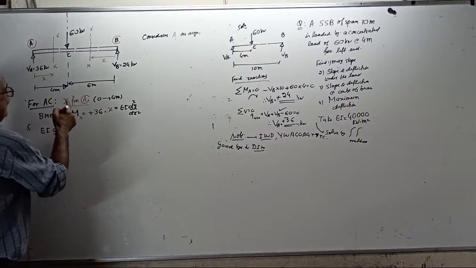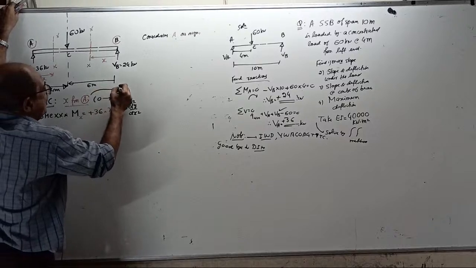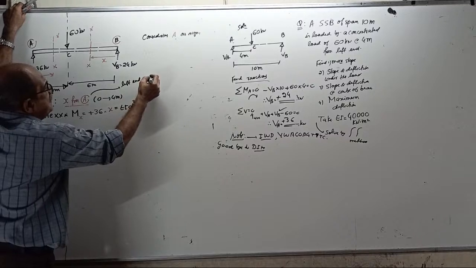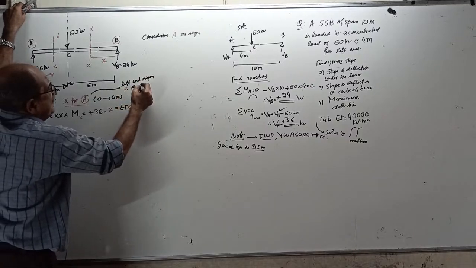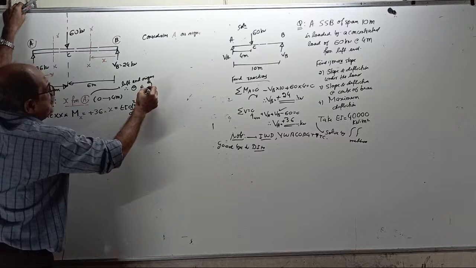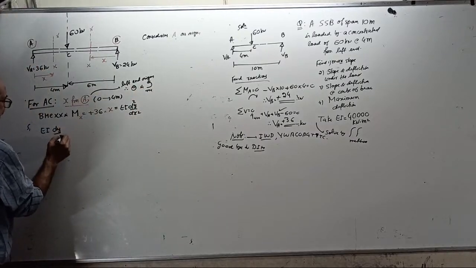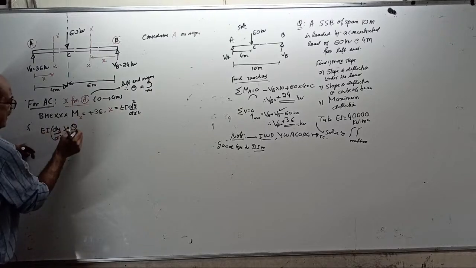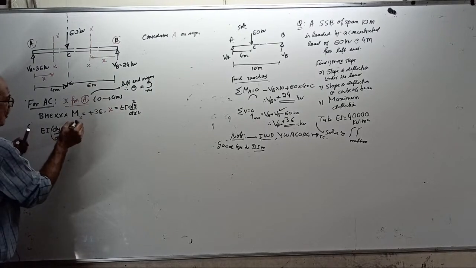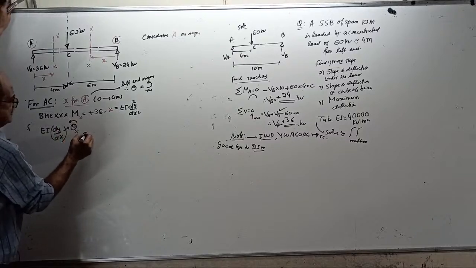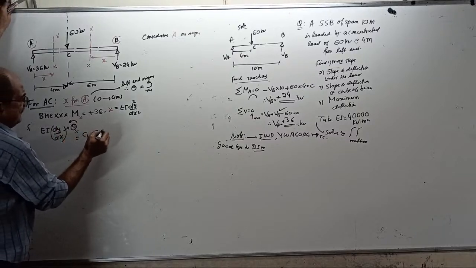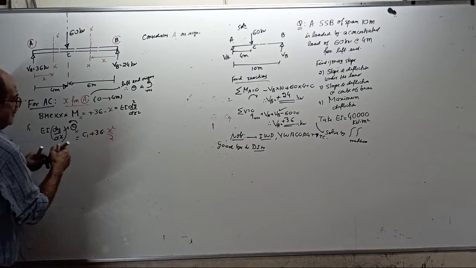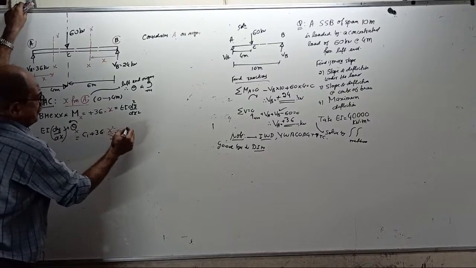One minute, now X from A, make a note here, left hand origin, therefore theta is anti-clockwise positive. Remember, dy by dx is nothing but theta at any point X, anti-clockwise, equal to C1 plus 36 into X becomes X square by 2. This is the slope equation.